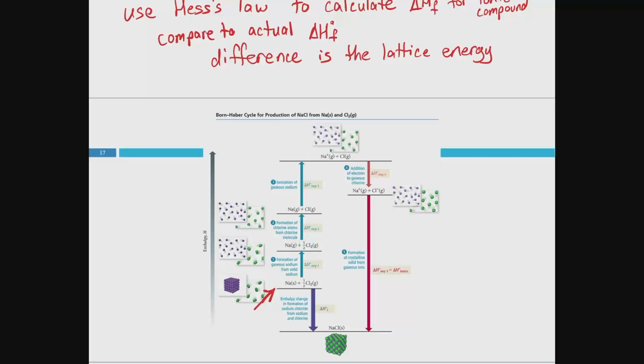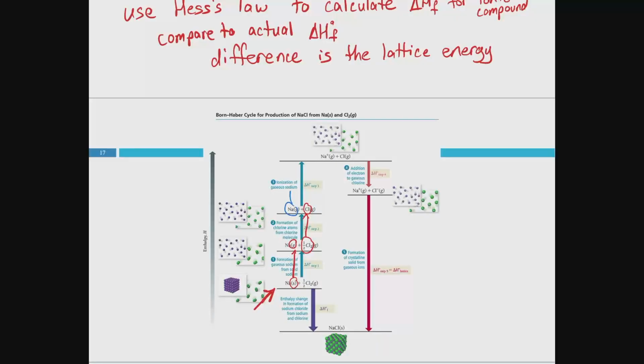And then we have to take, so we're going from a solid to a gas. In our next step, we're going from Cl2 to Cl. And that also involves putting energy in. And then we have to ionize our gaseous sodium.